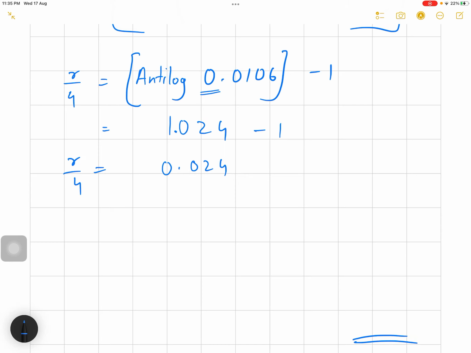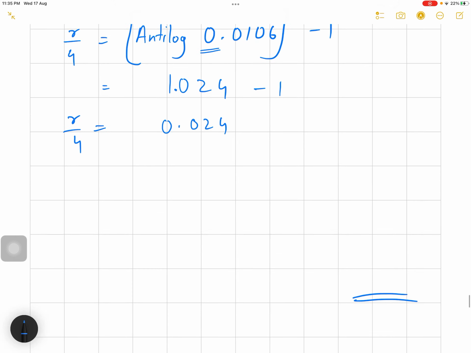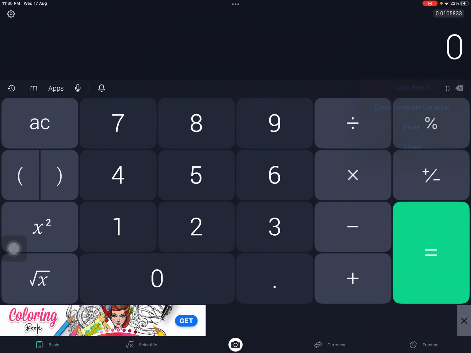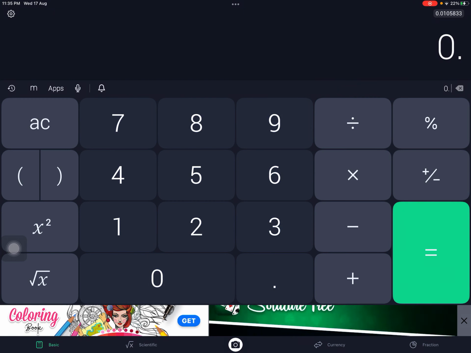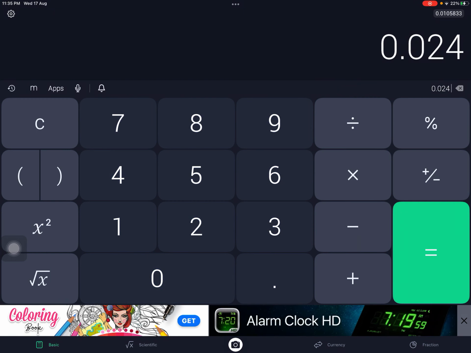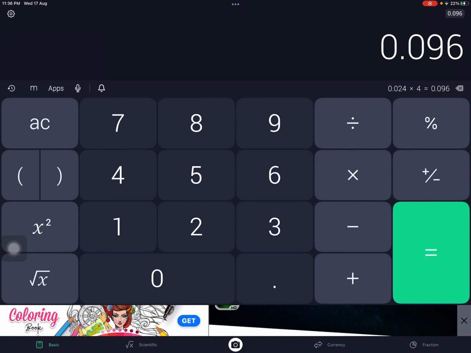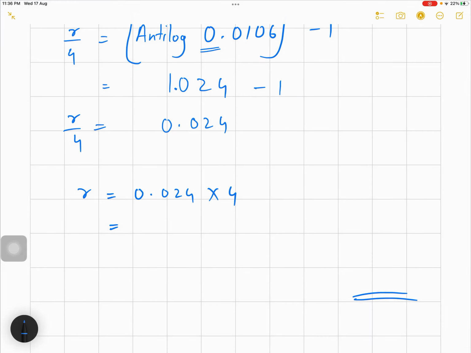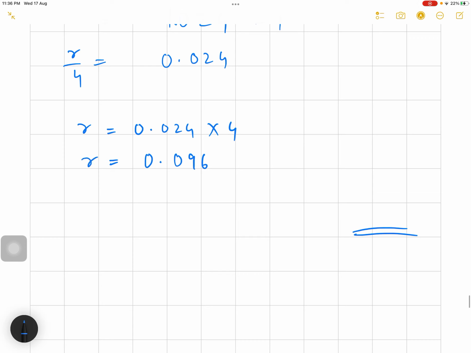Therefore r divided by 4 is equal to 0.024. So 4 you take it to the other side, 0.024 multiplied by 4. Let's see what you get. 0.024 multiplied by 4 comes to 0.096.